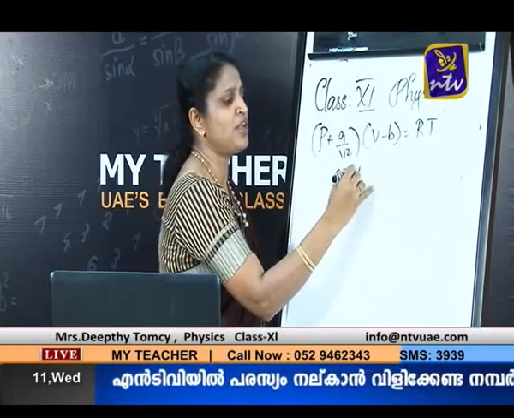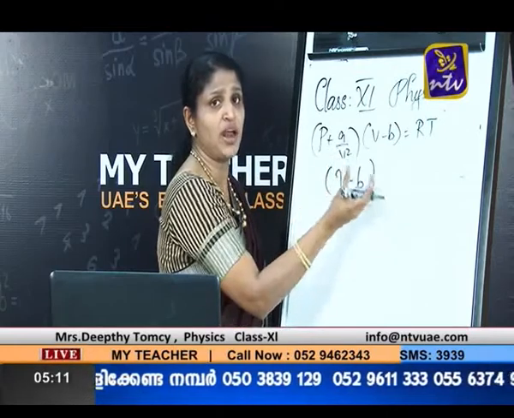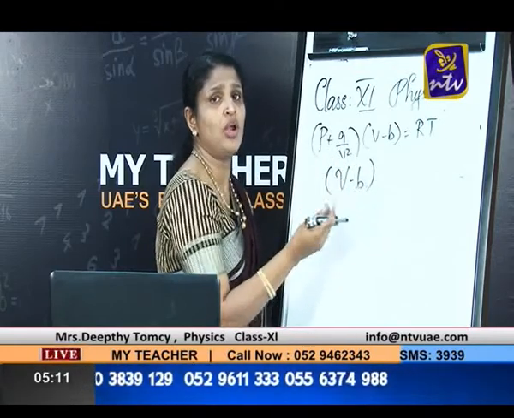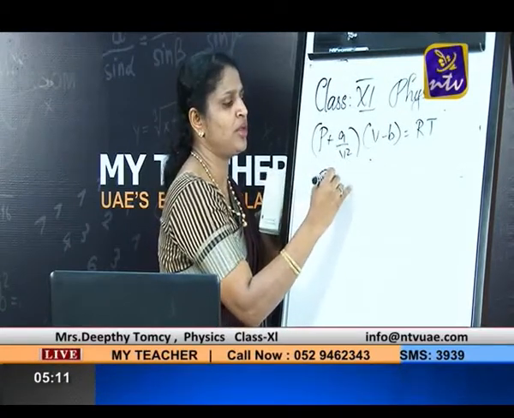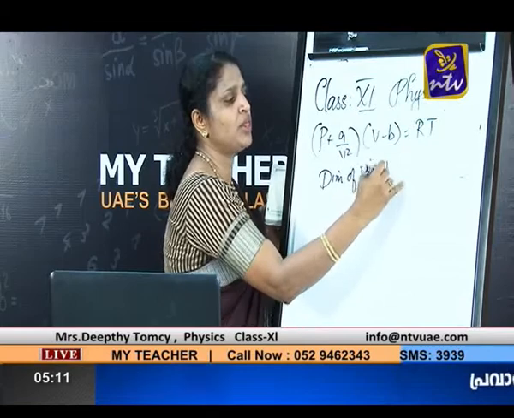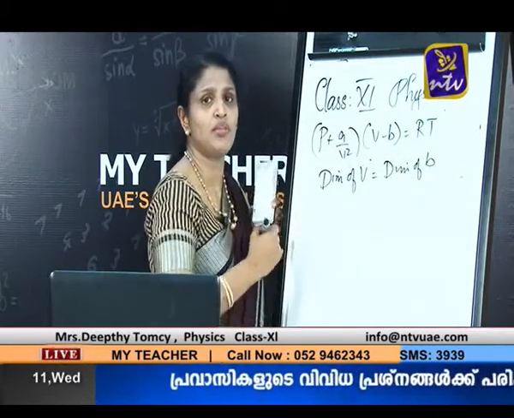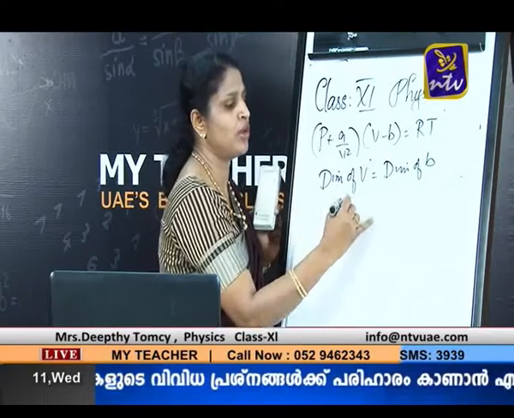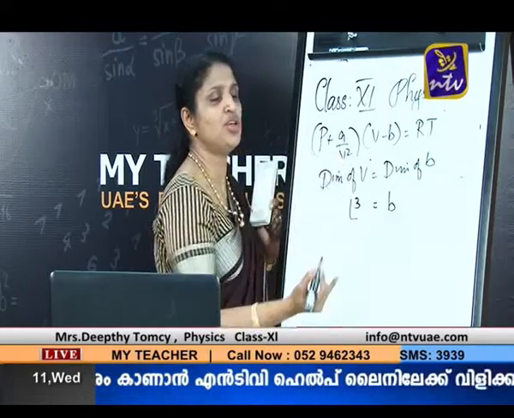Just as I explained before, we can subtract in V − b only if their dimensions are exactly the same. So by equating the dimensions of V with the dimensions of b, we can easily find the dimensions of b. Volume is L^3 and therefore the dimensions of b is L^3.